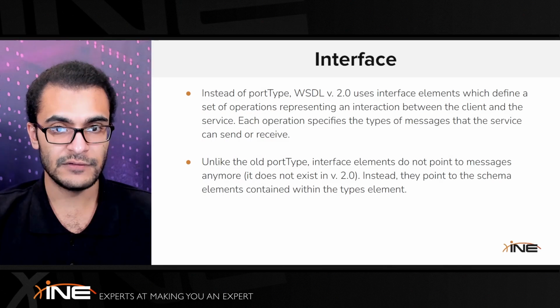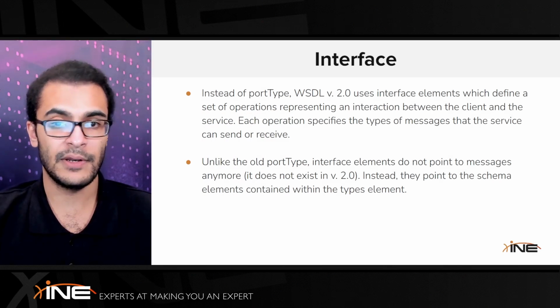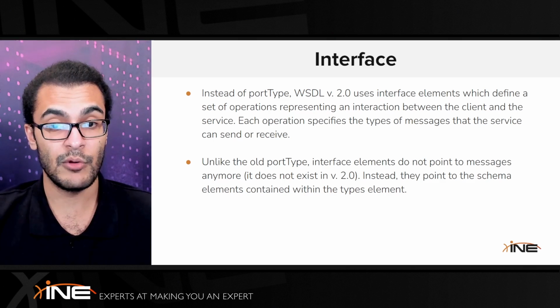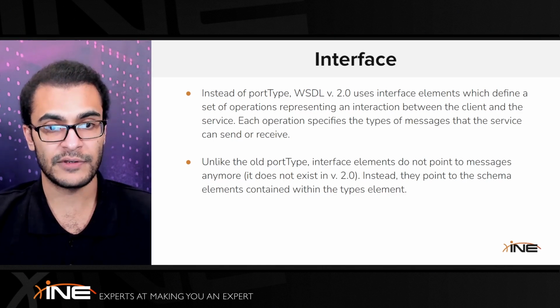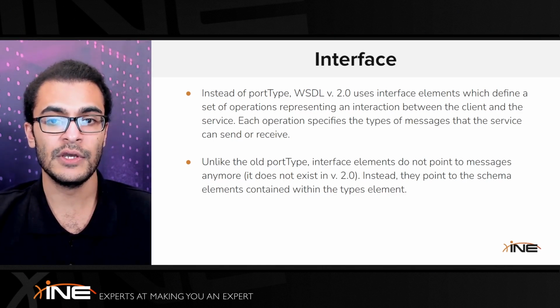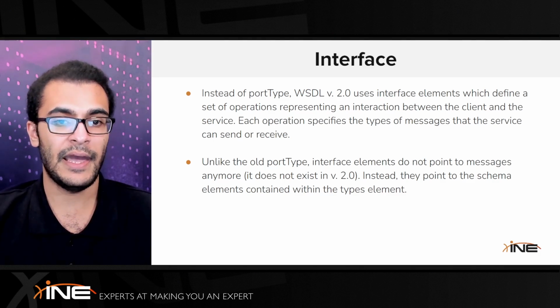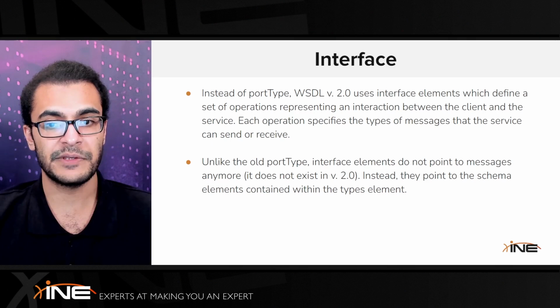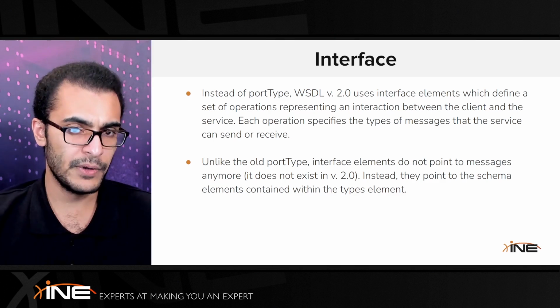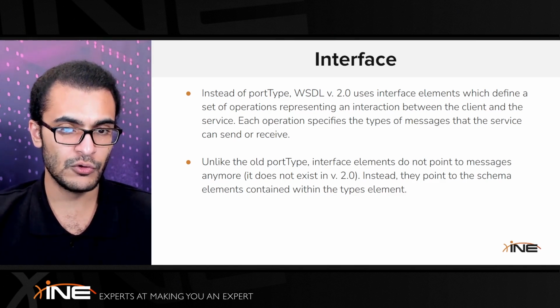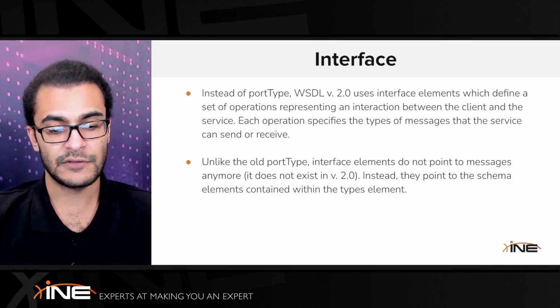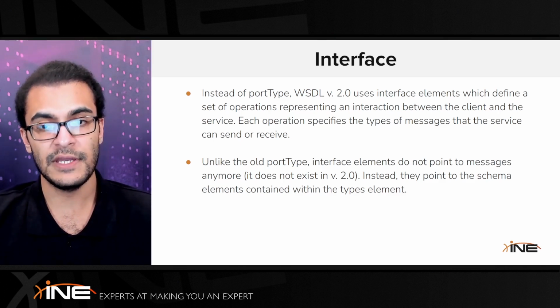We then have the interfaces. Instead of port type, and this is where the distinction between WSDL 1.1 and 2 comes into play, WSDL version 2 utilizes interface elements, which define a set of operations representing an interaction between the client and the service. Each operation specifies the types of messages that the service can send or receive. So in WSDL 2.0, instead of port type being used, we now have the interface element.